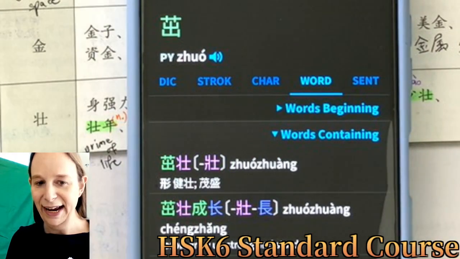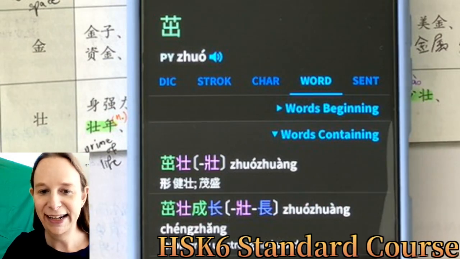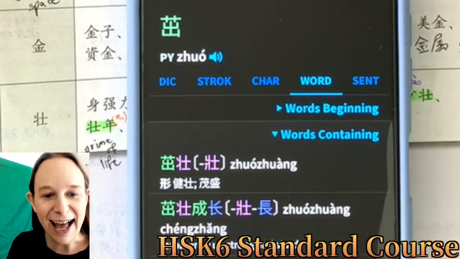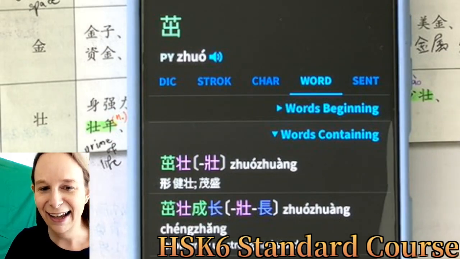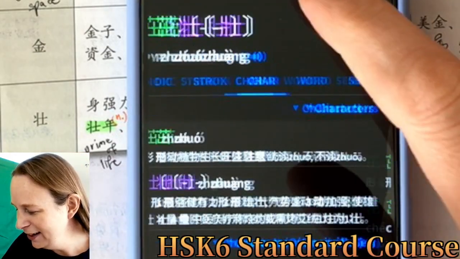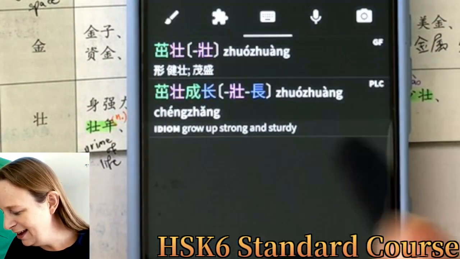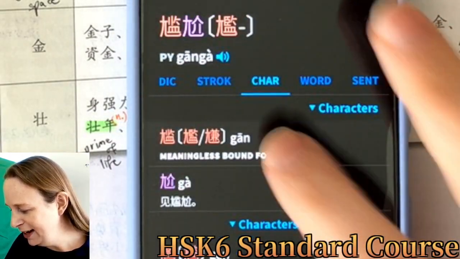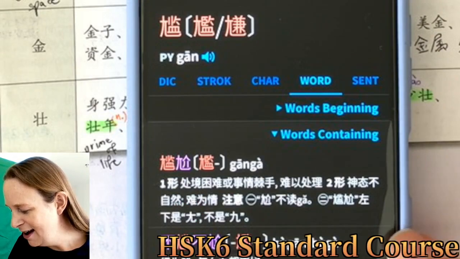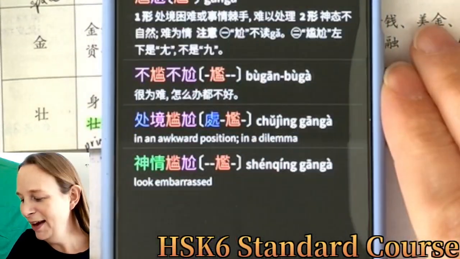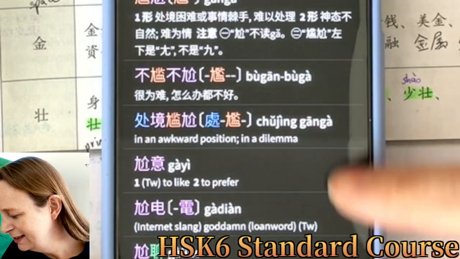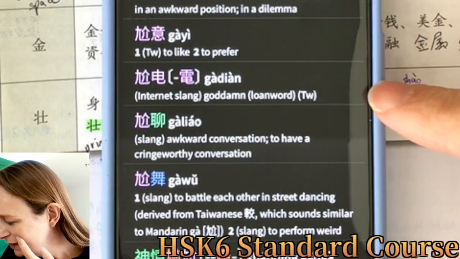Yeah, some characters in Chinese have very, very few usages. Like 尴尬, 尴 and 尬, I think are only used in that word. I don't think they have any other meanings. Okay, so you can have some variants of 尴尬. And same with 尬. Oh, 尬意.